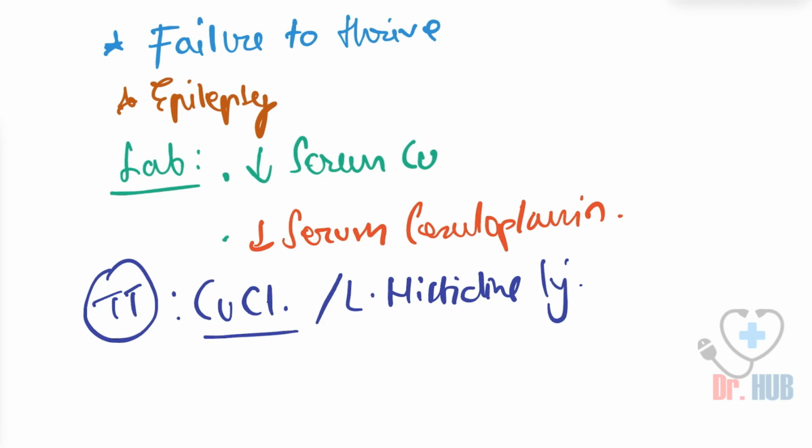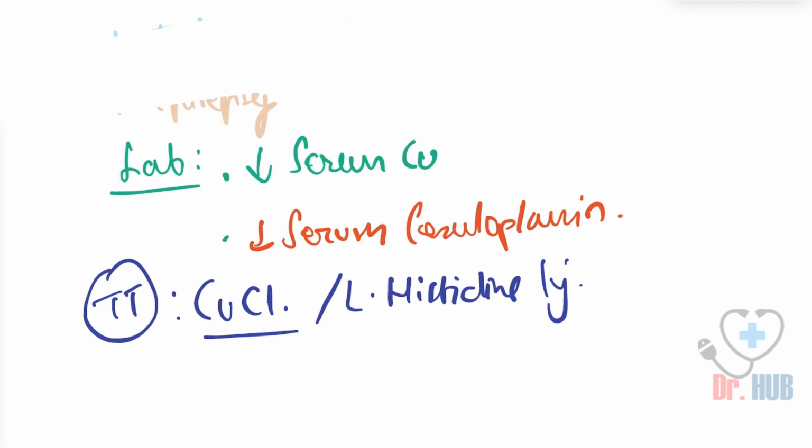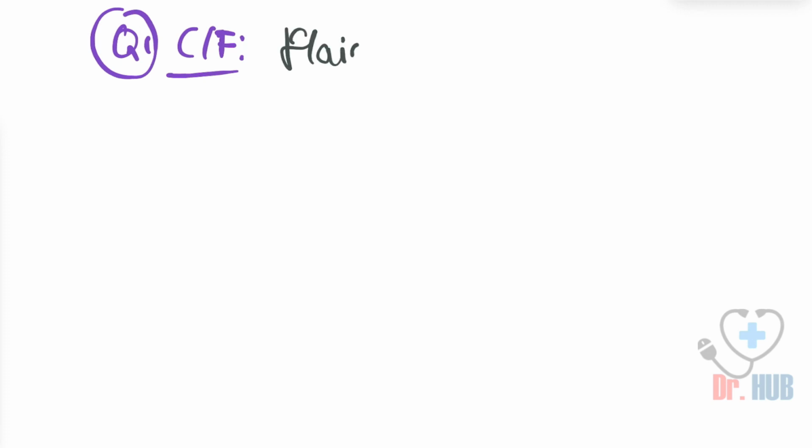Now we are going to answer our questions. The first question we asked was, what are the clinical features? The clinical features of Menkes disease: we talked about the hair. It is sparse and it is kinky.